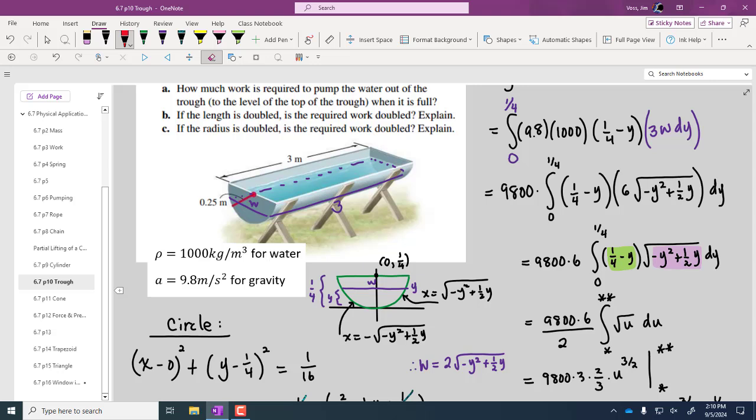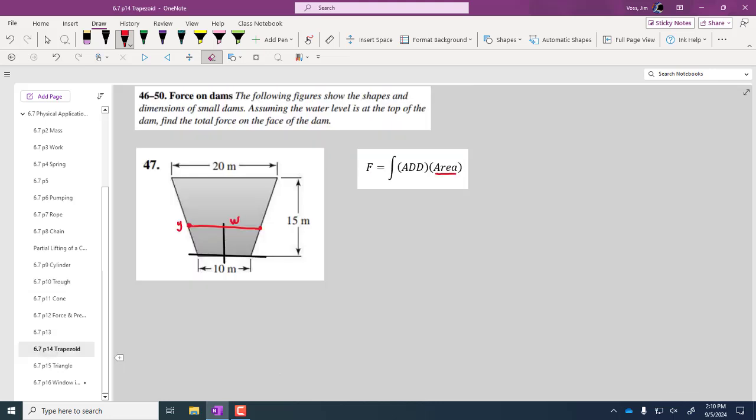The trapezoidal face that we're dealing with here will be identical to what we would do if we were doing the 3D case. If you imagine this as a 3D trough, you still need the width of that. Your horizontal cross sections will be rectangles. So you still will have to do the crux of what we're going to do here, which is find W, the length all the way across. So yes, they will be similar, but easier than the semicircular trough.